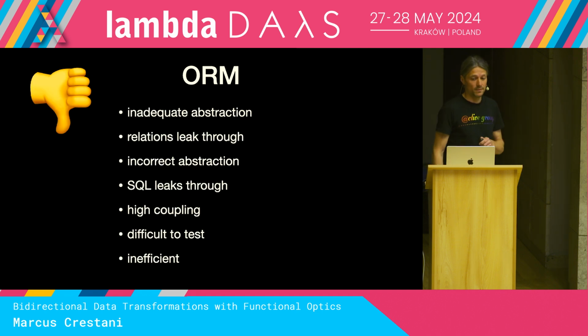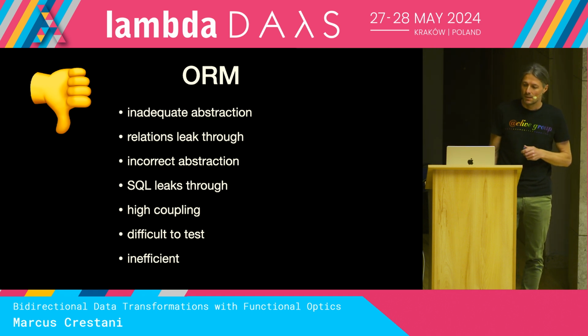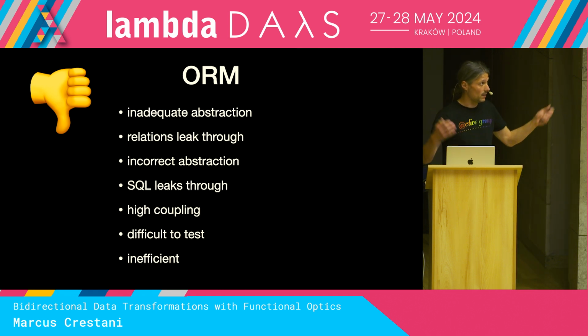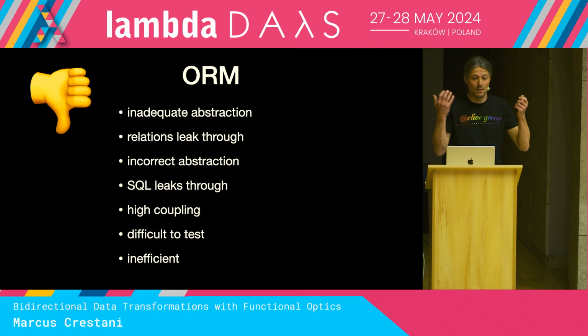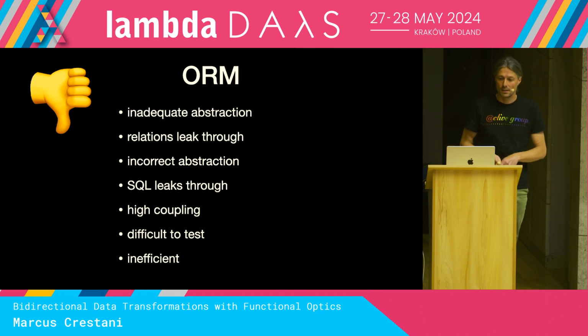There are many shortcomings to using ORM that cause many problems during the whole life cycle of an application. It is often an inadequate abstraction. It violates software development principles like single responsibility and separation of concerns.